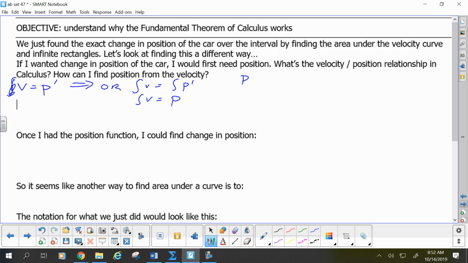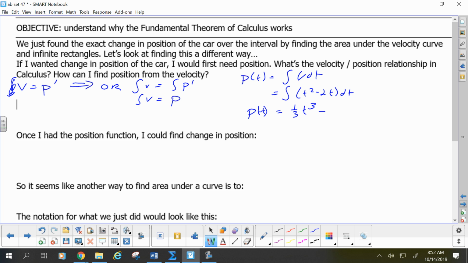Now, that would mean the position function could be found by saying, all right, forget this velocity stuff. I'm going to anti-differentiate velocity, which was t squared minus 2t, to get what the position function had to be. What is the antiderivative of t squared? 1/3 t cubed.